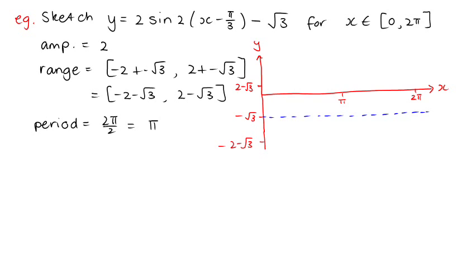Now looking at the question, we've got a pi on 3, so we probably want to split it up into thirds rather than halves. So I'm going to split it into thirds. So that's pi on 3, 2 pi on 3, 3 pi on 3, 4 pi on 3, 5 pi on 3.